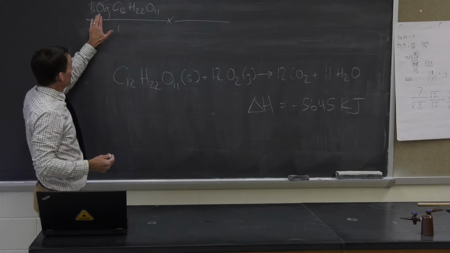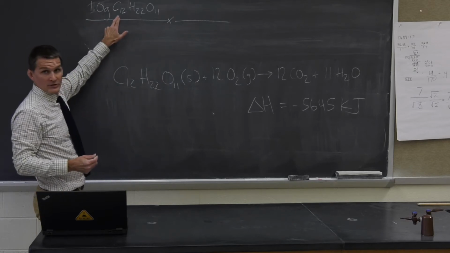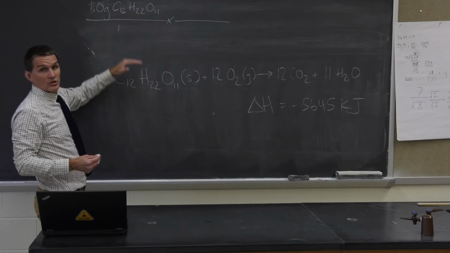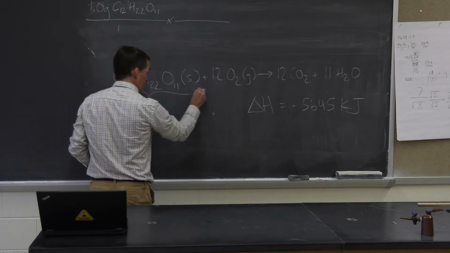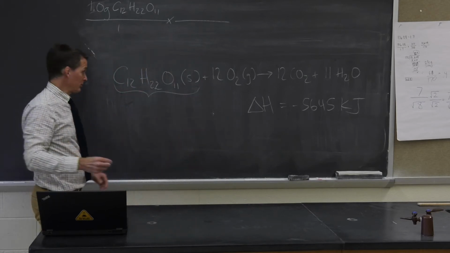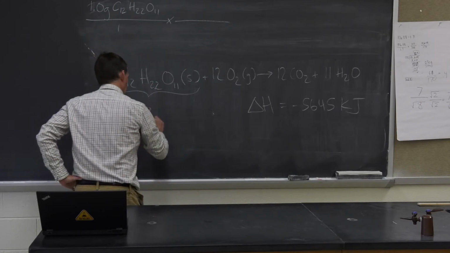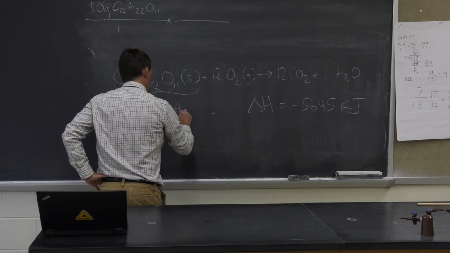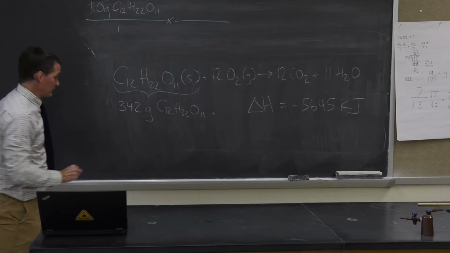So in order to make this 1 gram talk to this equation, I'm going to have to convert my grams of sucrose to moles of sucrose. And if you do that, I'm not going to do it now for you, but you can take the time and do it yourself, you'll find that 342 grams of sucrose is a mole.